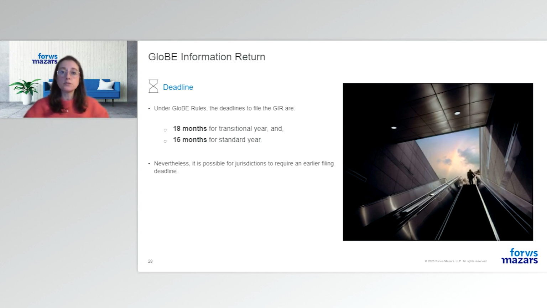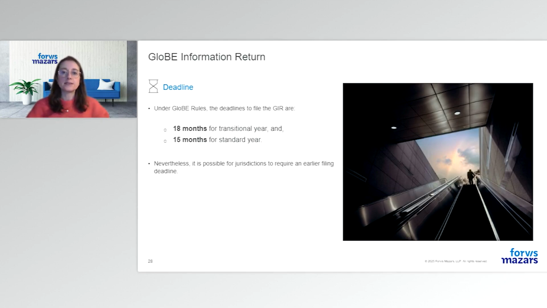And usually, according to the OECD model rules, the deadline for transmitting the GloBE information return is 18 months for the current transitional year, and then it will be 15 months when the transitional period is over. However, also in this case, it is possible that some jurisdictions may require an earlier filing deadline. So this has to be monitored as well, looking at all the jurisdictions.